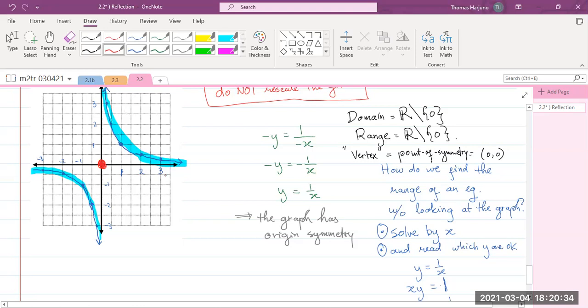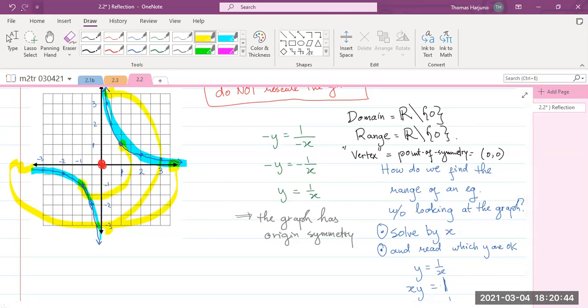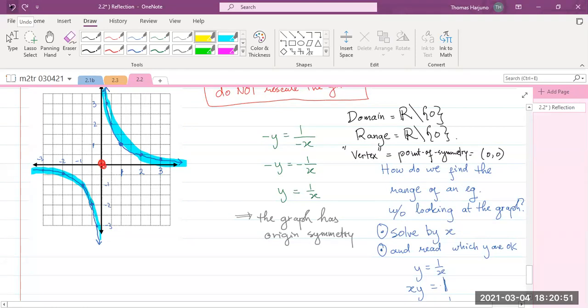This guy becomes there, this guy becomes here, like that. But the point of symmetry is not part of the graph.